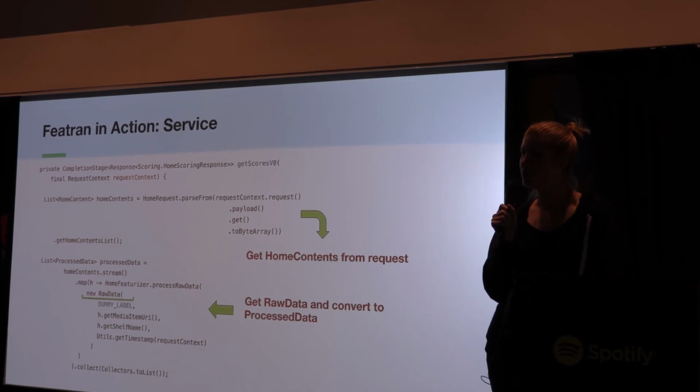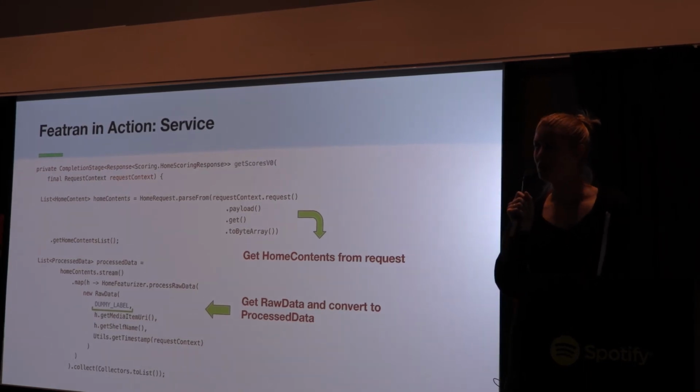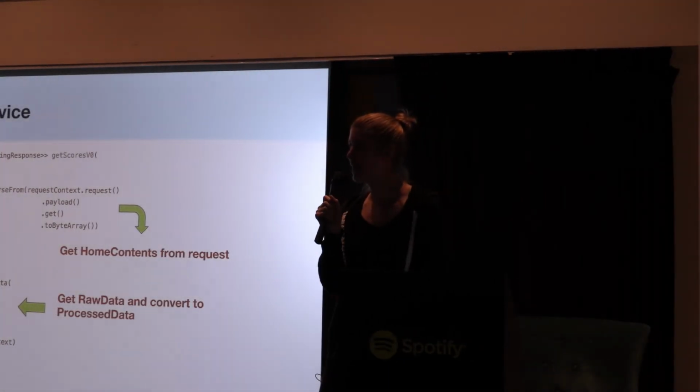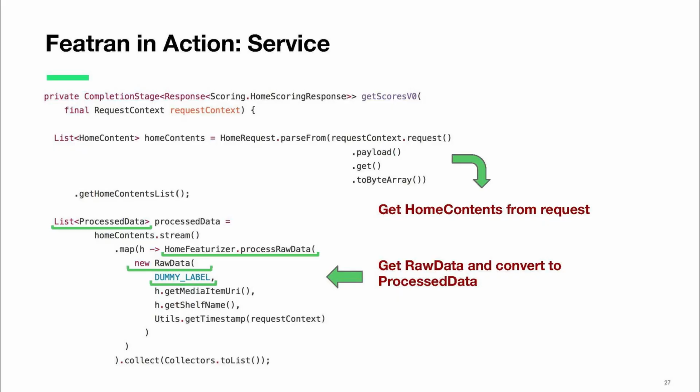The only important note here is that we're using a dummy label, since in the data pipeline, we were using historical logs, so we had information about how long a user actually listened to a song. Whereas here, we're going into the prediction phase and want to guess how long a user is going to listen to this song. So for now, we're just inserting a dummy label. We're calling the same function, again defined in the common featurization library, called process data. And in the end, we output a list of process data.